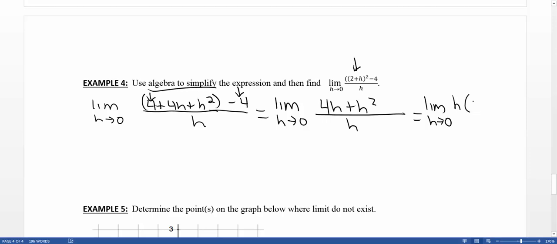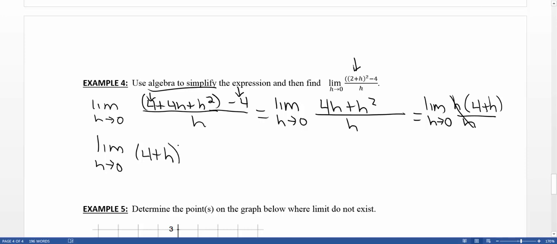So on the top, if I factor out an h, I'm left with (4 + h) divided by h. And the reason why I wanted to factor out that h is so I could cancel it with the h on the bottom. So now I have the limit as h goes to 0 of 4 + h.